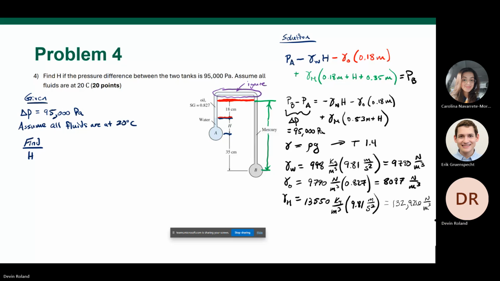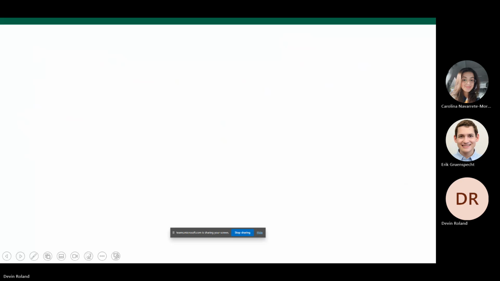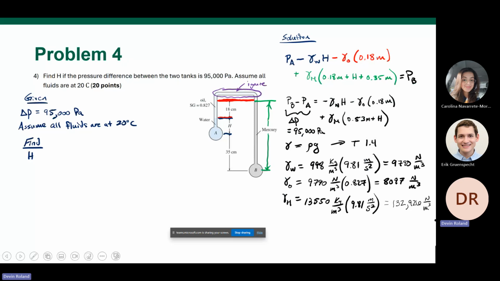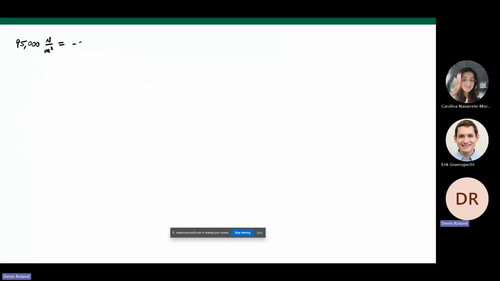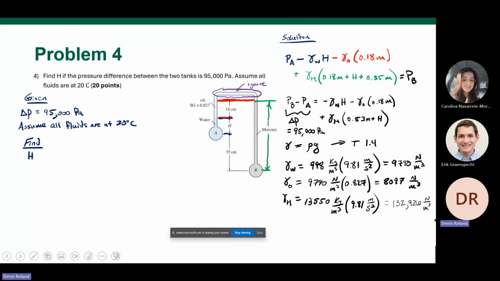Okay. So I'm going to switch pages here. And we will say that 95,000 Newton per meter squared, I switched it from pascals to that, is equal to negative specific weight of water times H. So it'd be minus 9790 Newton per meter cubed multiplied by H minus the specific weight of oil times 0.18 meters.